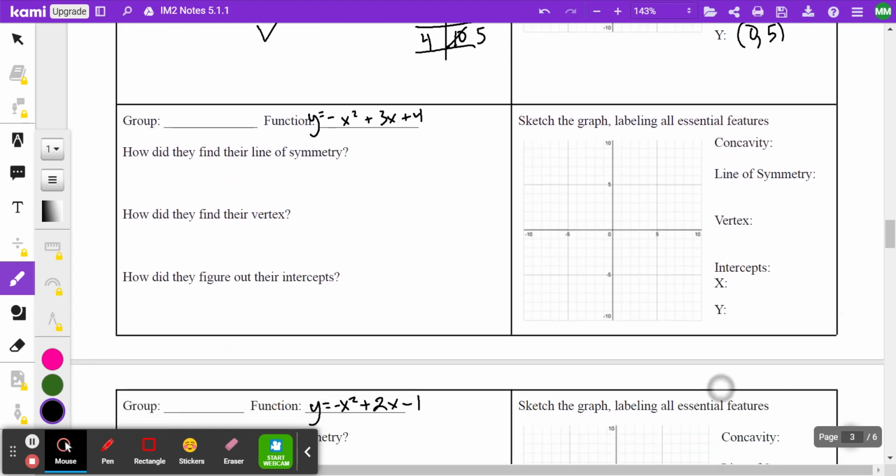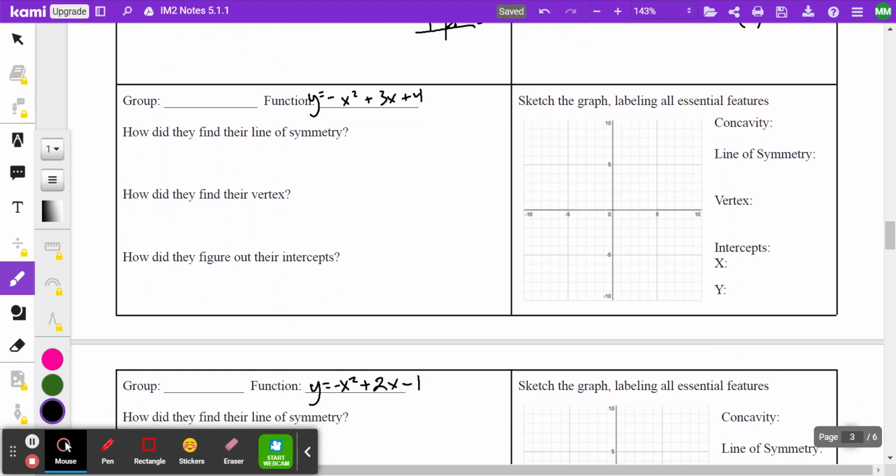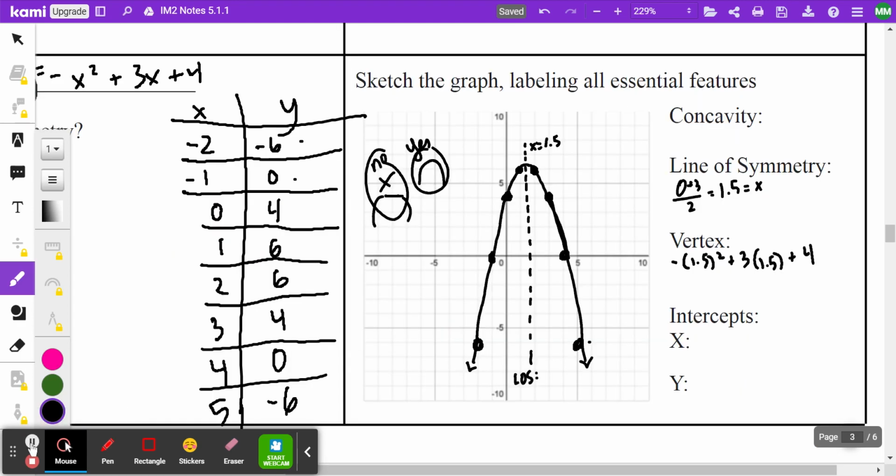Okay, next problem. Let's see. Make my little t-chart, x and y. I plug that in and I get 6.25.